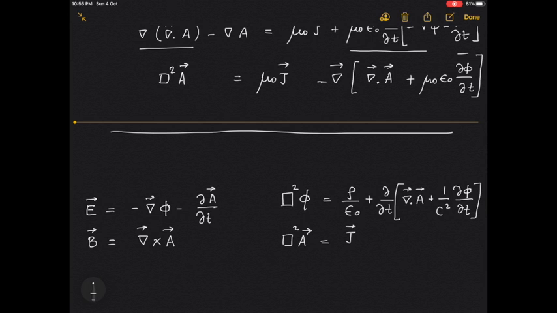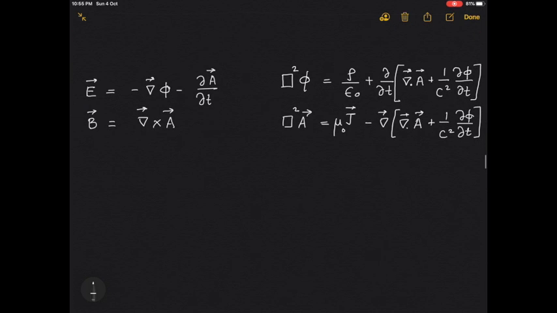Similarly, I get an equation for J. Remember that divergence of A is still not fixed.